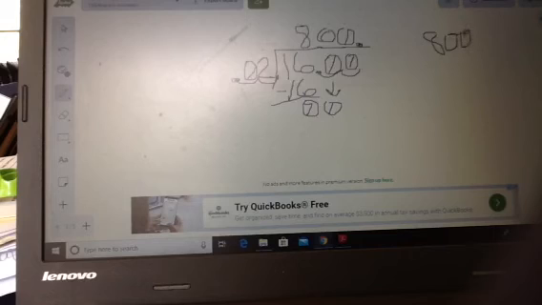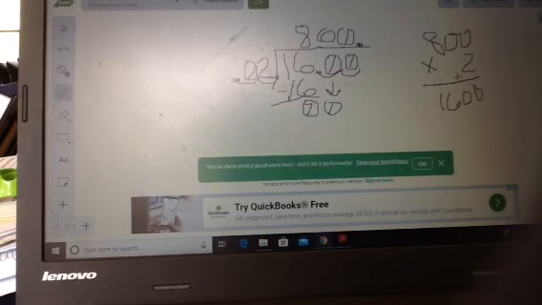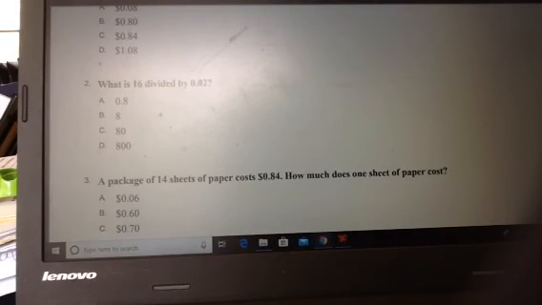And remember, we moved the decimal actually, right? So 2, that would give us 1600, right? Okay, so we said 16 divided by 2 hundredths is really 8 hundredths. So yes, it should be D.